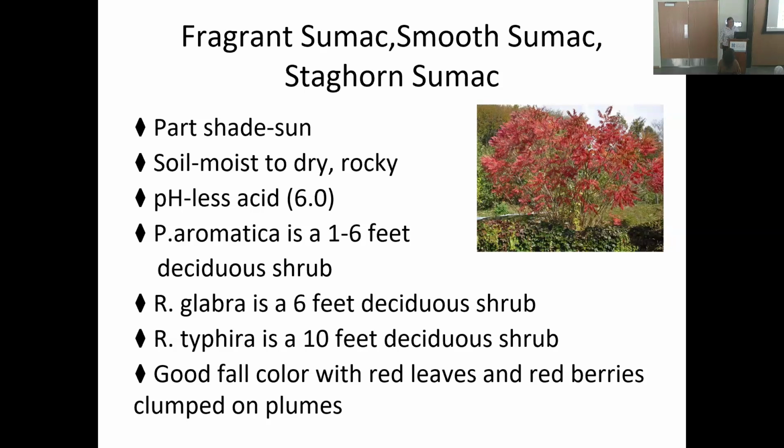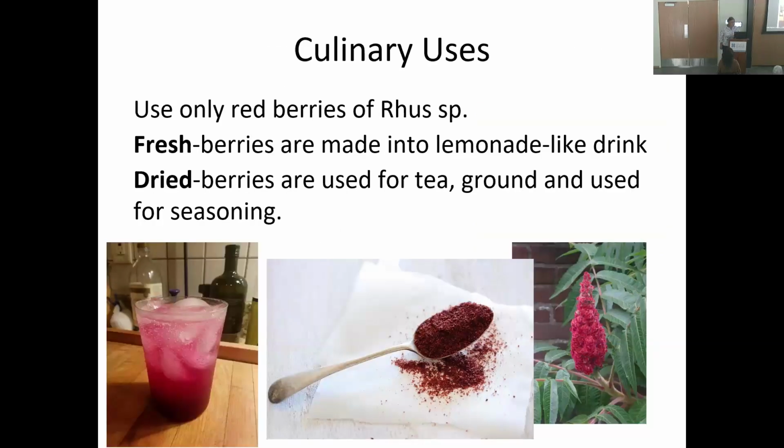Beautiful fall color, those red plumes of berries, little tiny berries there, are used for seasoning. They're also used to make some drinks. And here's some pictures, and that's a good picture of the spike head there. So a lot of interest in the landscape.